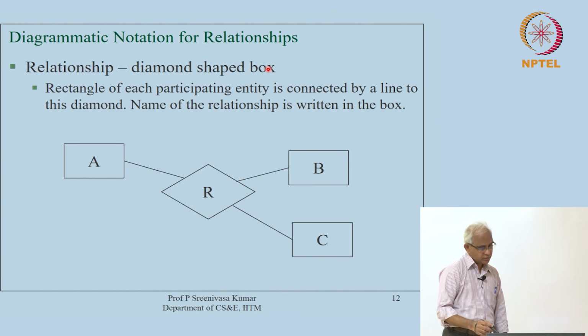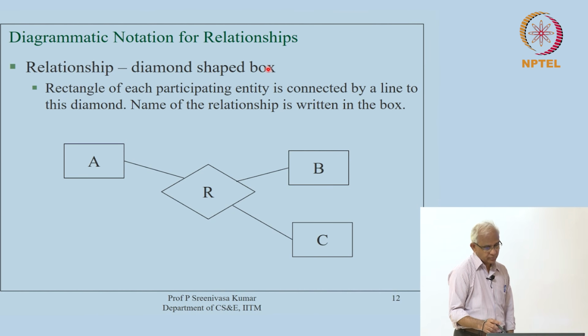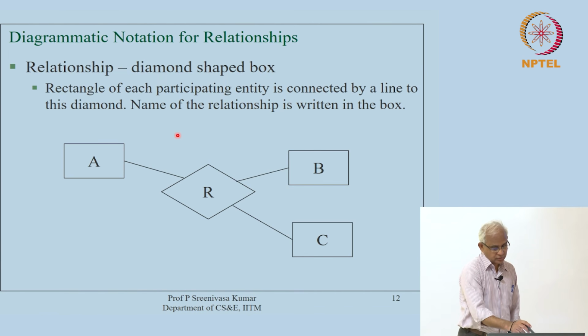Here is the diagrammatic notation for relationships. Relationships are shown using a diamond, and all the participating entities, which are rectangles, are connected to the relationship symbol, and we write the name of the relationship there.